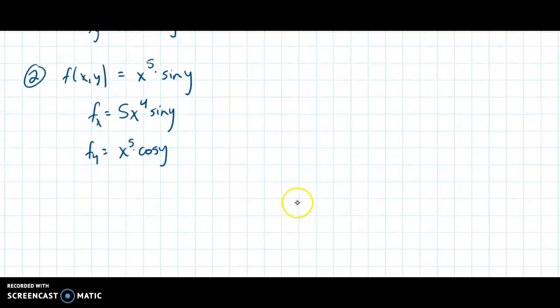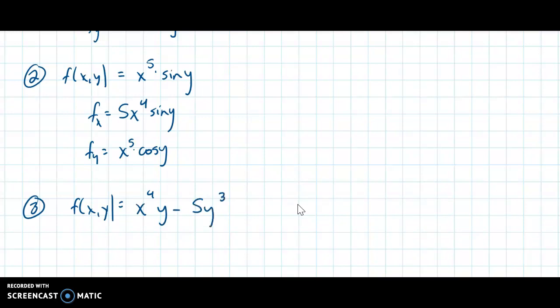Next one is 3. So this is f of x comma y equals x to the 4th times y minus 5y cubed. Go ahead, hit pause, see if you can do this one. Here comes the answers.